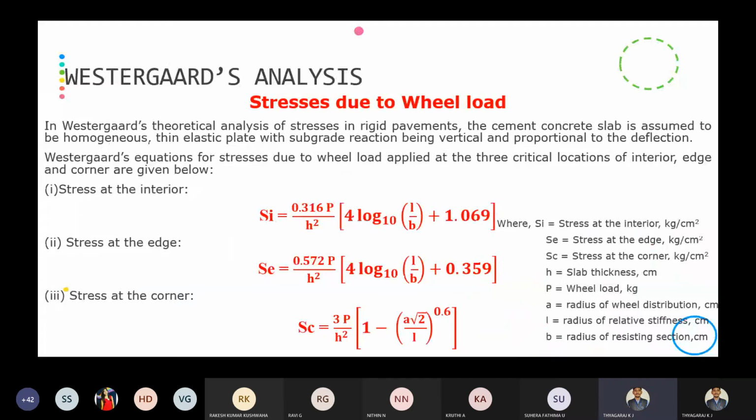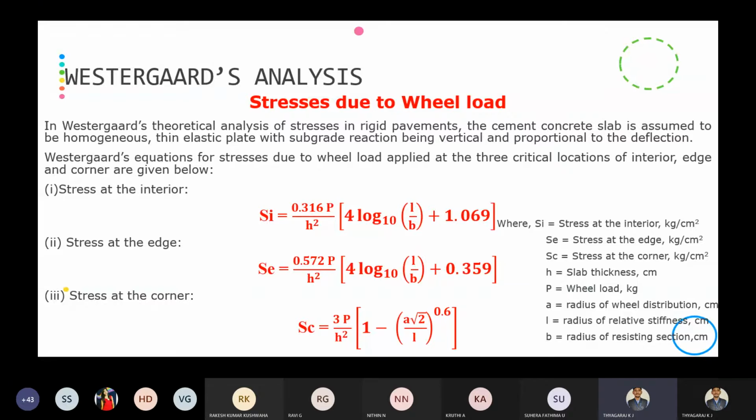Then comes Westergaard's analysis. I think we have already discussed these equations in our highway engineering subject, and we have solved some problems also in this Westergaard analysis. What he told, I will say again.